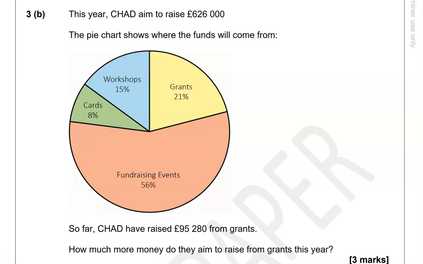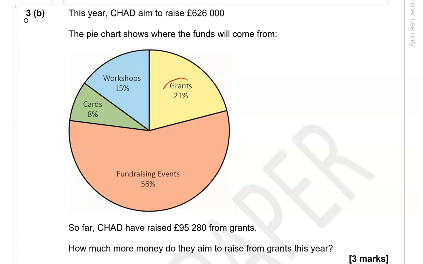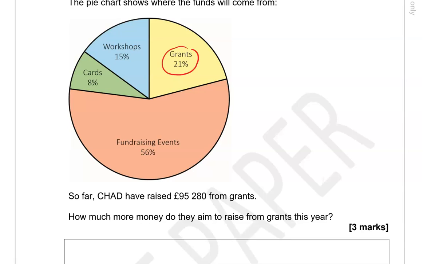This year, CHAD aimed to raise £626,000. The pie chart shows where the funds will come from. So far, CHAD have raised £95,280 from grants. How much more money do they aim to raise from grants this year? So here we have grants with 21%. So 21% of the 626,000 will be grants.